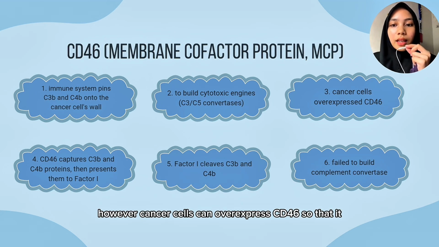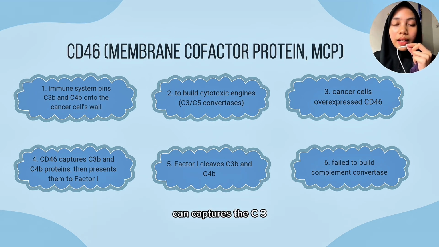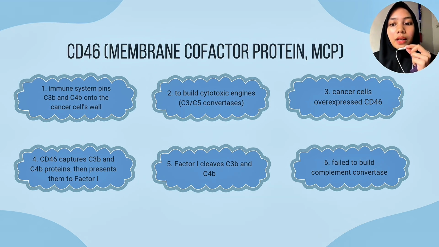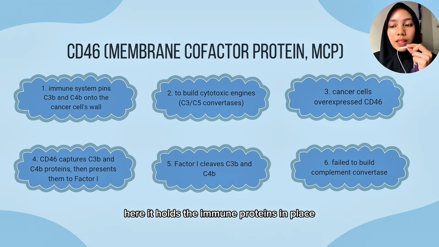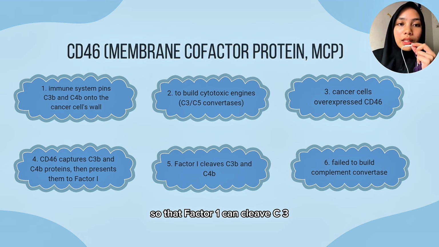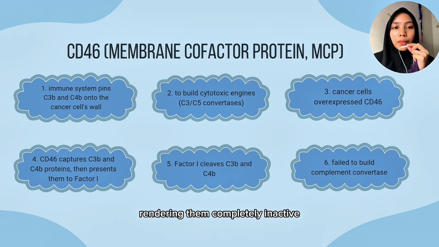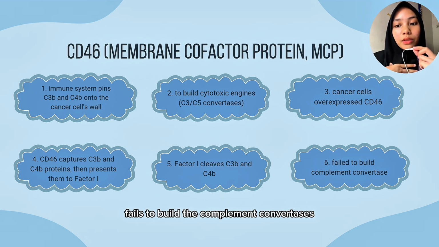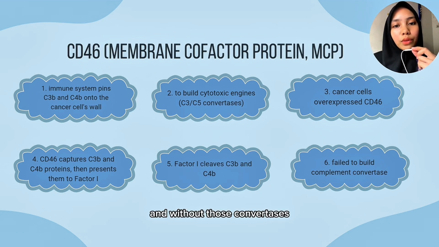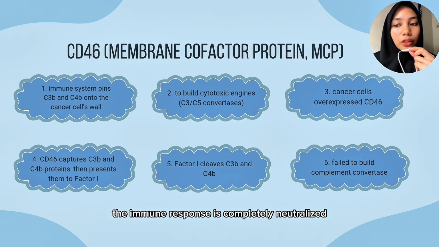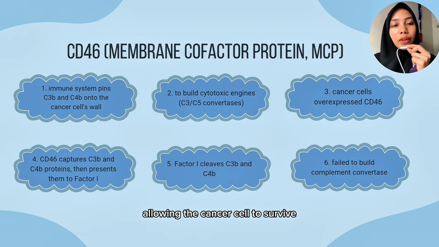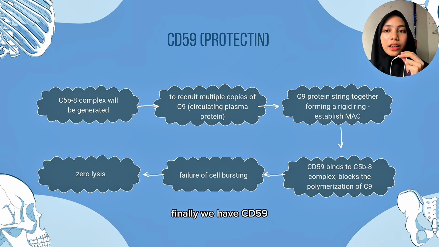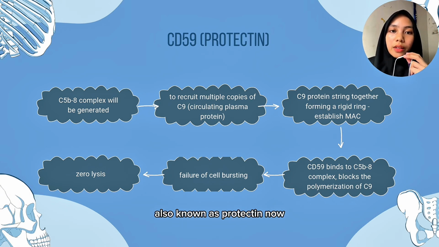However, cancer cells can overexpress CD46 so that it can capture the C3b and C4b proteins, acting as a cofactor, and then present them to factor I. Here, it holds the immune proteins in place so that factor I can cleave C3b and C4b, rendering them completely inactive. As a result of this cleavage, our complement system fails to build the complement convertase. And without those convertases, the immune response is completely neutralized right at the cell surface, allowing the cancer cell to survive.